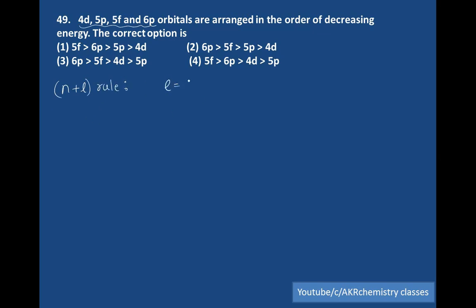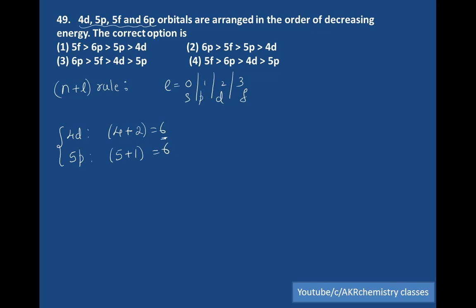We know that l equal to 0, 1, 2, 3 are s, p, d and f. With respect to the 4d orbital, 4 plus 2 is equal to 6. Next 5p orbital, 5 plus 1 is equal to 6.